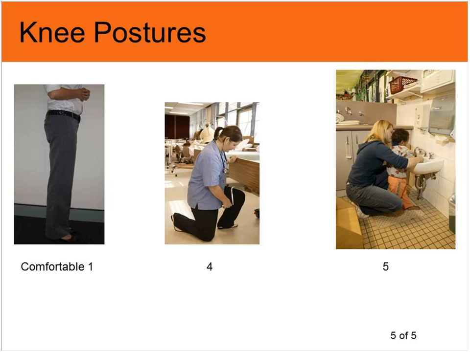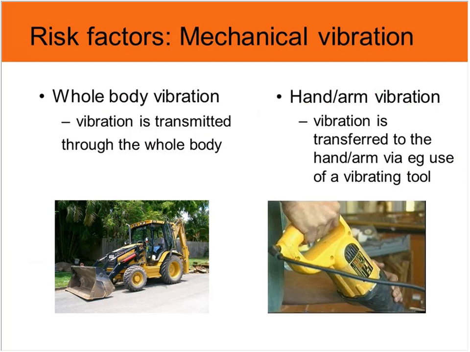We're going to move on now to the next risk factor, and this is vibration. We really are only talking about mechanical vibration here. Mechanical vibration would be where your whole body is subject to vibration. You might be sitting inside a piece of vibrating plant, for example, operating a forklift all day.